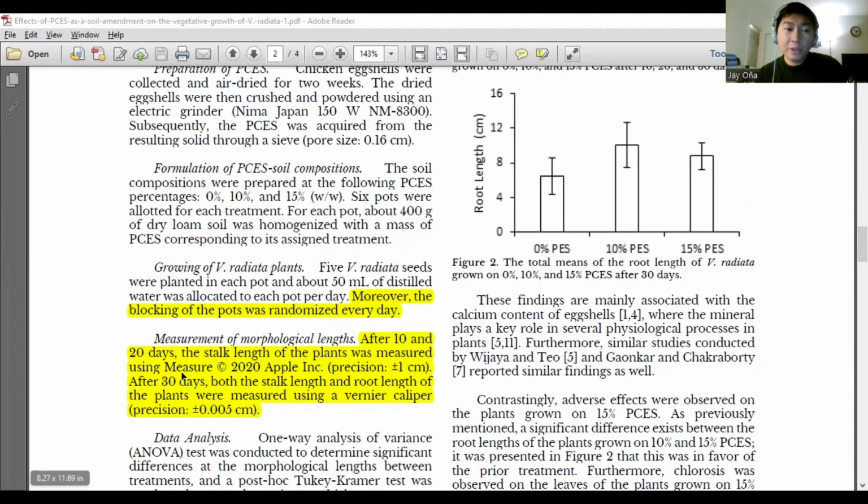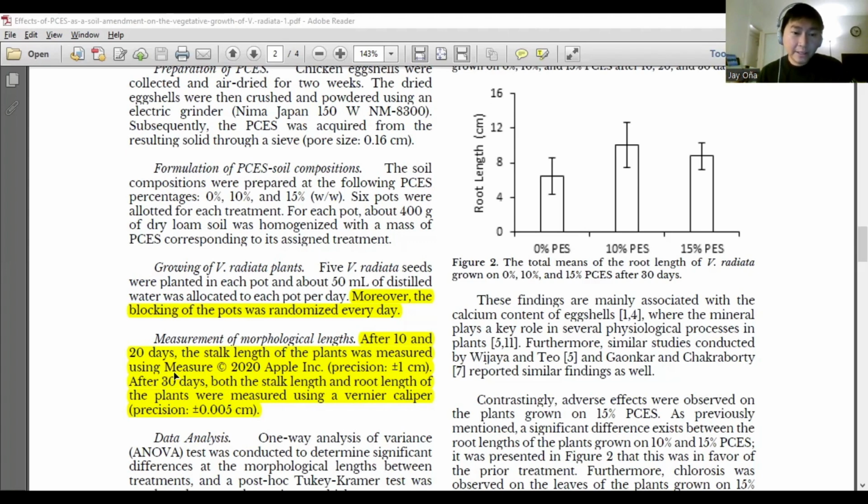But when we are using these non-traditional or non-standard methodologies or analytical techniques, they have to be somehow compared to standard methods or standard instruments.